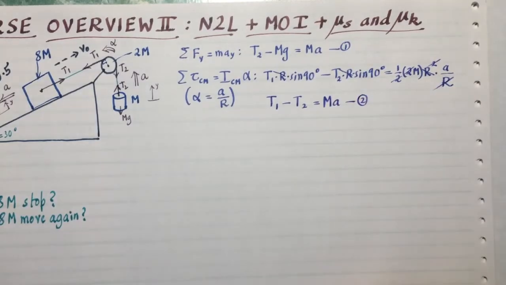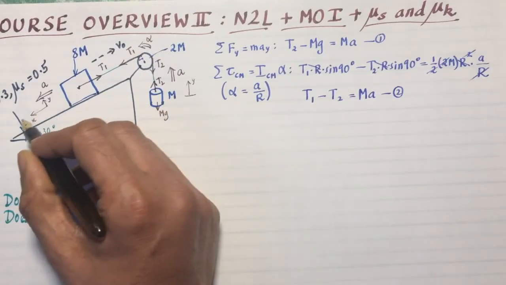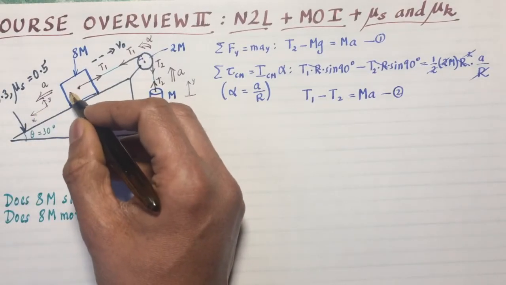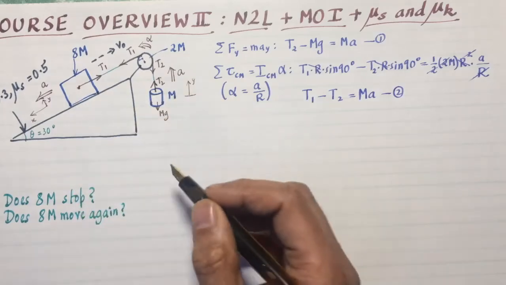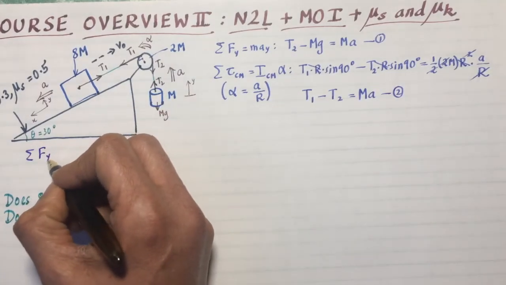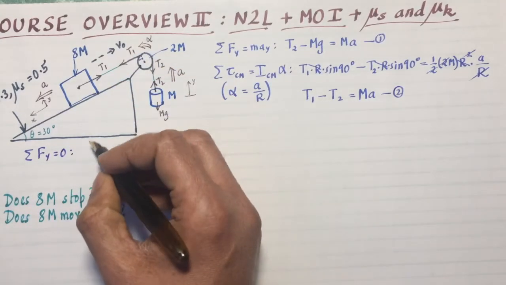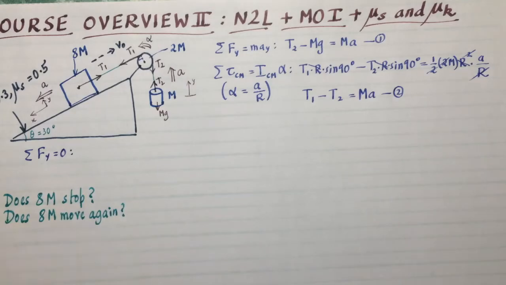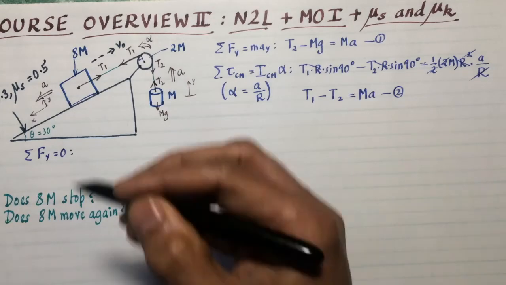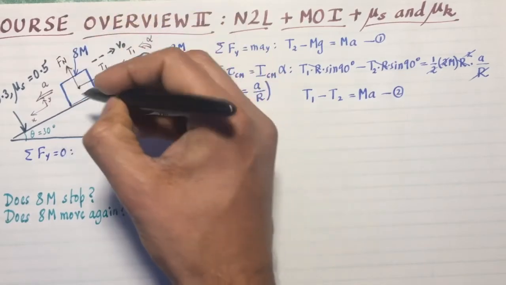That's the second equation. The last equation is one pertaining to the x motion and the y motion of the 8m block. Now the 8m block is not accelerating in the y direction, so the sum of all the forces in the y direction equal to 0 for that block tells me that, let me complete my free body diagram for this one. That's going to be the normal force.